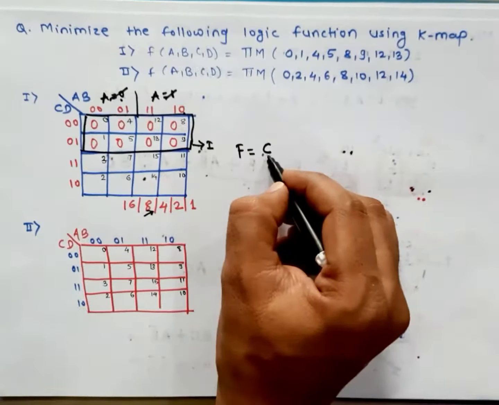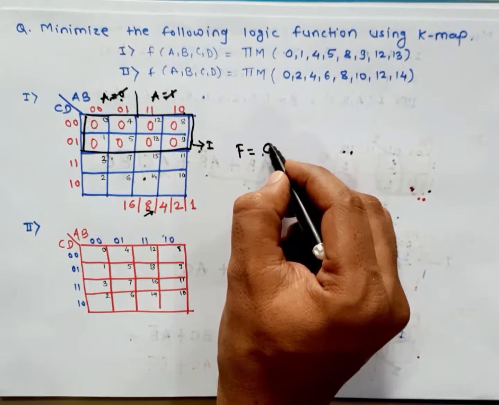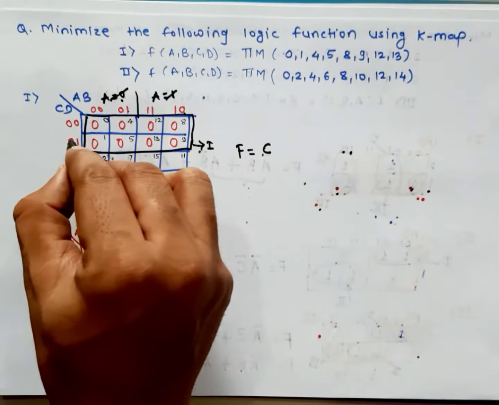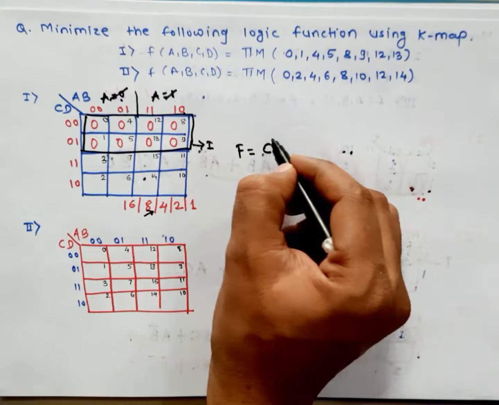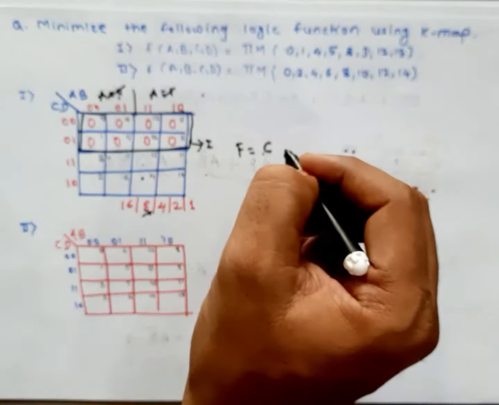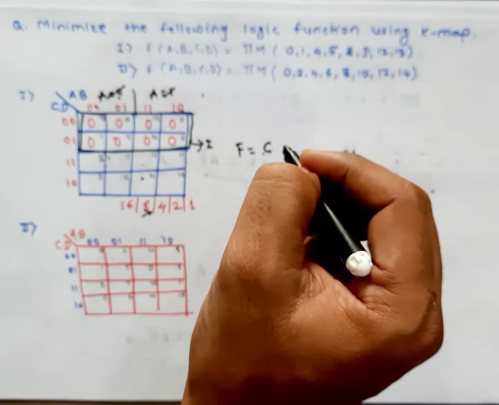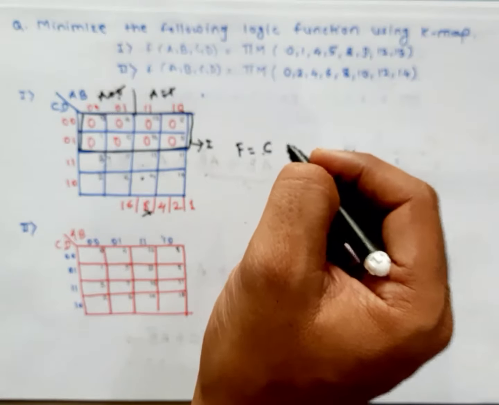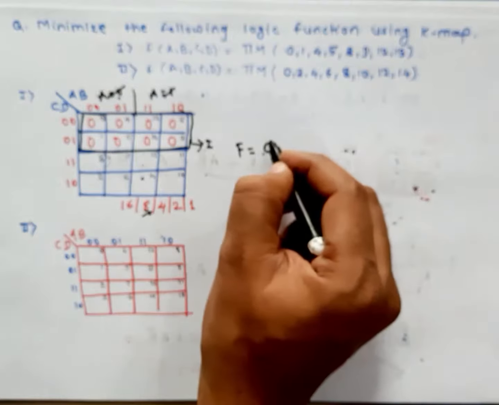See here the value of C is 0, so we are just writing C here. If the value of C is 1, then we write C bar because this is a POS form. In POS form, if the value of variable is 1, then we write the bar.